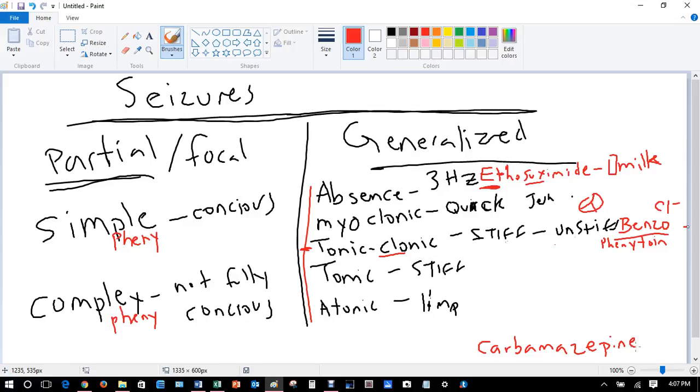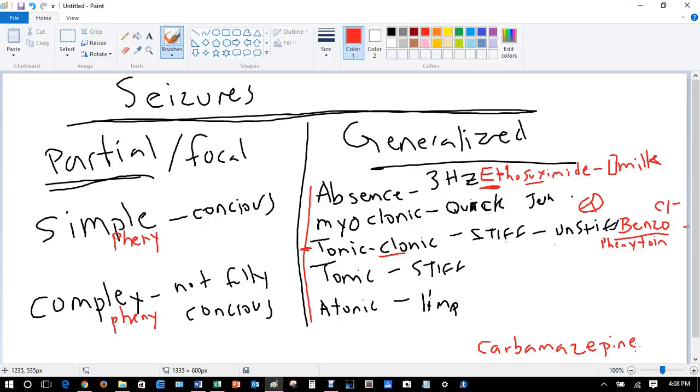By the way, I didn't mention, but phenytoin is also a sodium channel with zero order kinetics. Most of these are sodium channels. I already mentioned that ethosuximide was a calcium channel, and benzodiazepine was a chlorine channel through GABA. But phenytoin and carbamazepine are sodium. Carbamazepine is actually first line for 3 different situations.